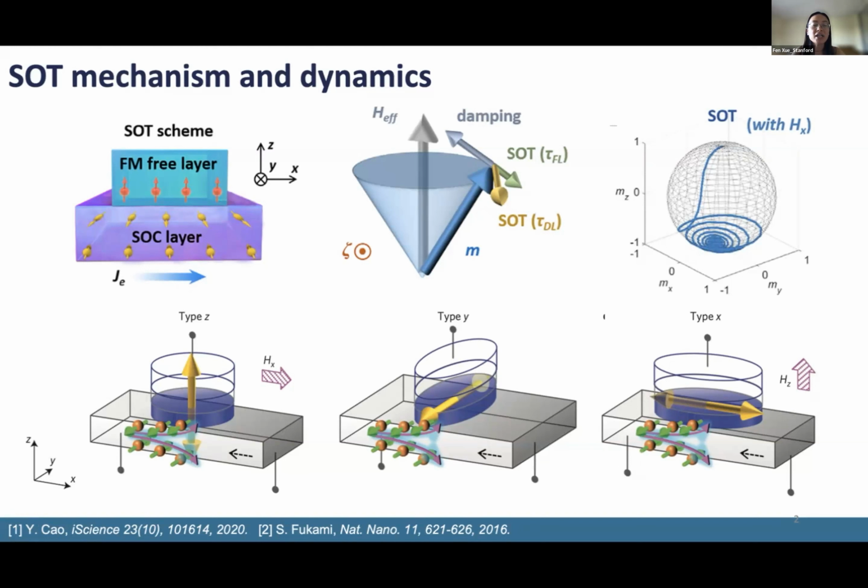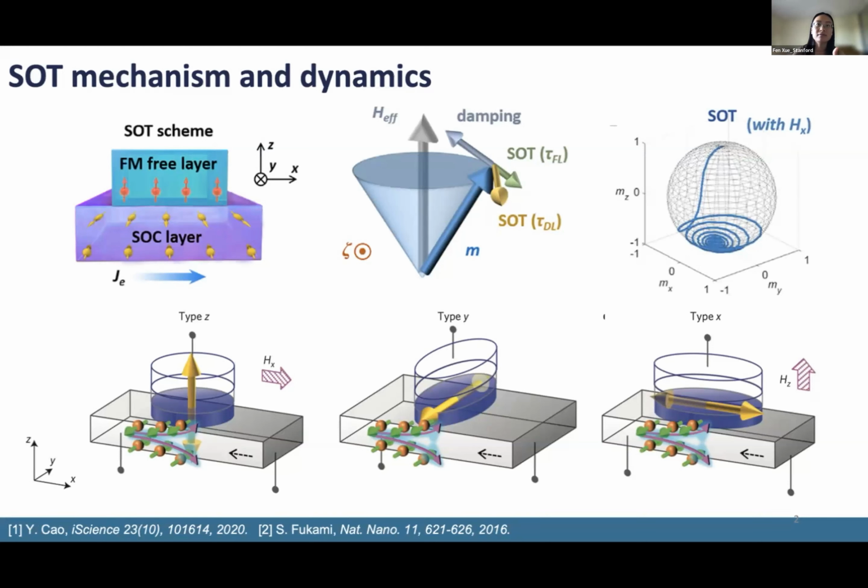And about the fabrication, yes, type X can have some problem aligning the X direction compared to type Z, because type Z is just the film normal direction. There is no problem with how the current direction goes, but type X has this problem.